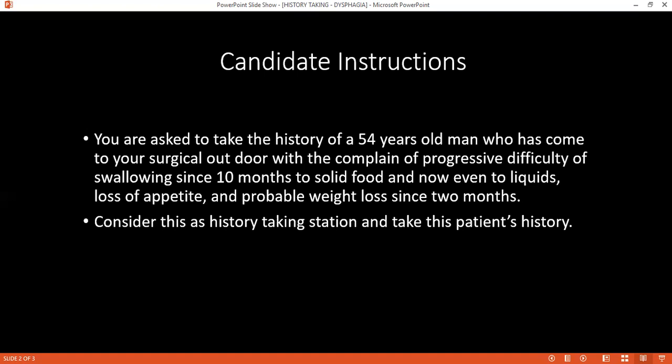Do you have any previous operations? Yes, I have undergone knee surgery before. Are you allergic to any medicines? No. Anyone in your family who has the same problem? No. Would you mind if I ask some personal questions?